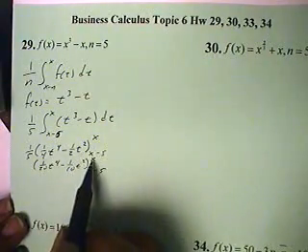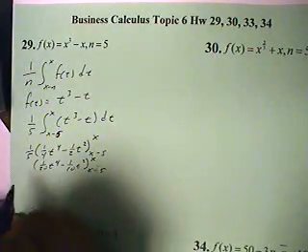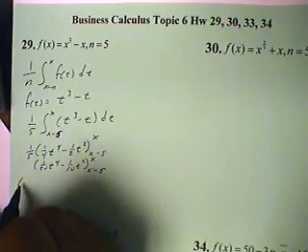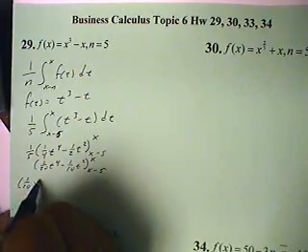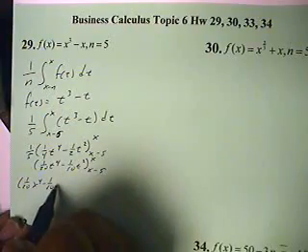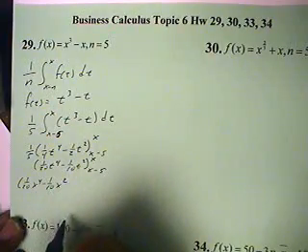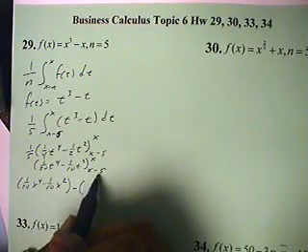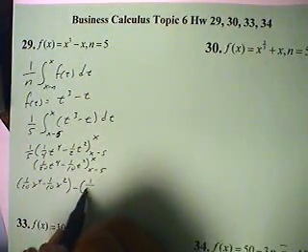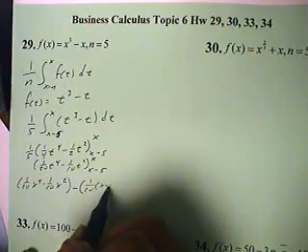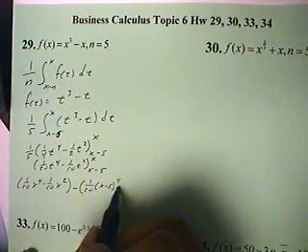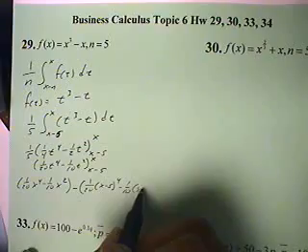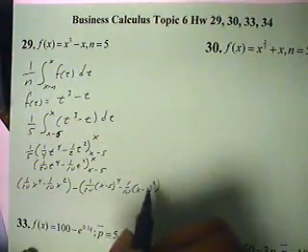Then to finally get my function, I'll put the x in here for all the t's. So what I'll get is 1 over 20 x to the 4th minus 1 over 10 x squared, minus my function with x minus 5 placed in there, so it'll be 1 over 20 times x minus 5 to the 4th power minus 1 over 10 times x minus 5 squared.